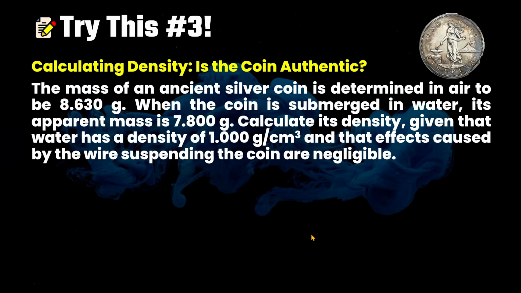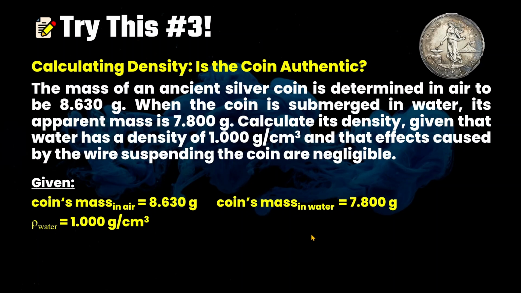Since the unit involved is gram, we'll need to use the density of water in grams per milliliter or grams per cubic centimeter. The effects caused by the water suspending the coin are negligible. So the given information from the problem are the coin's mass in air, 8.630, the coin's mass in water, 7.800, and the density of water, 1.00 gram per cubic centimeter. So what's the density of the coin?